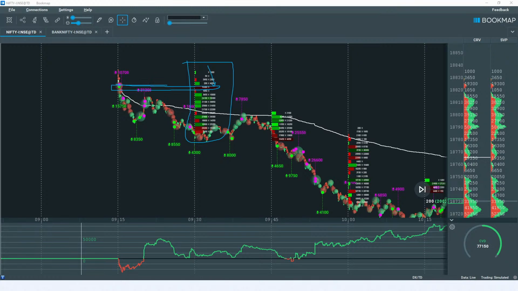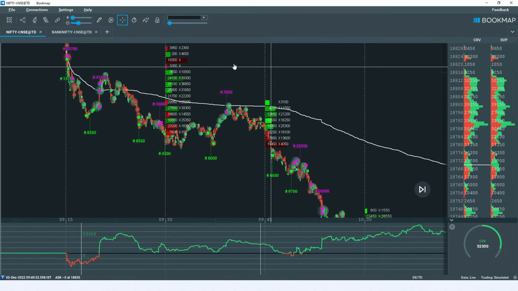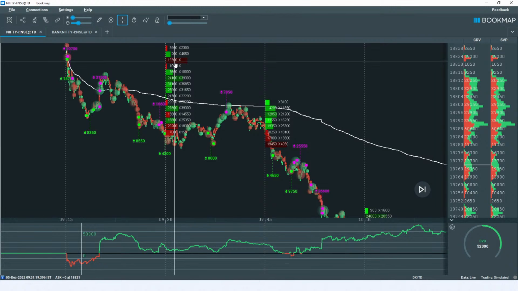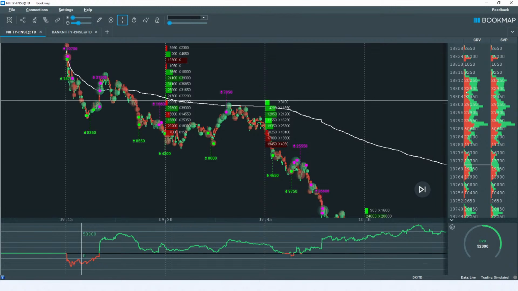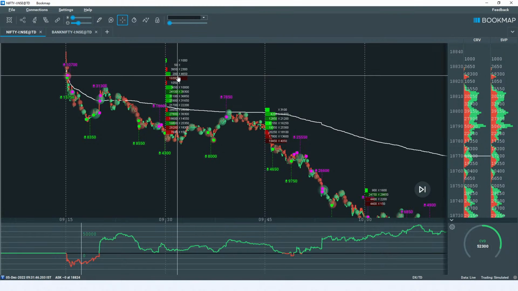And the next immediate thing it helps us with is whether it was market buy orders or market sell orders. In this case, there were market sell orders placed, around how many quantities? If you look at the number information, around 19,300 market sell orders got executed within the price level of 18,820 to 823.